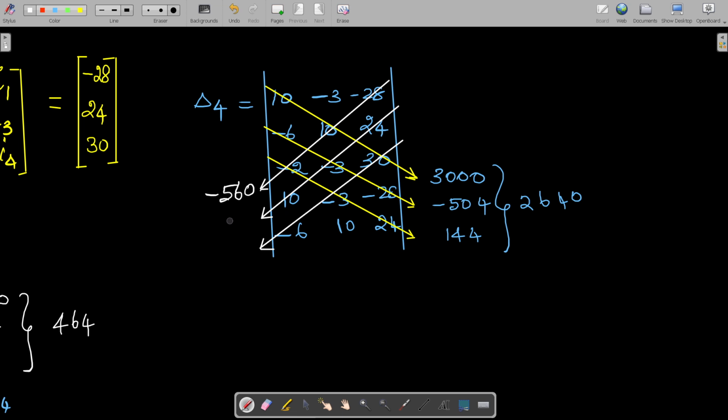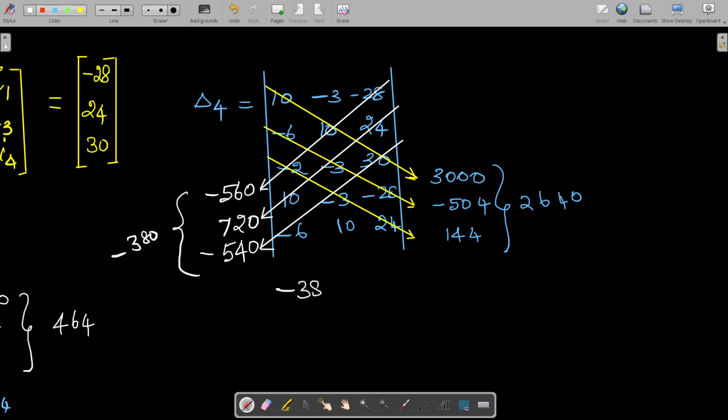Minus 720, but you need to multiply it by again minus, so it becomes plus 720. So here you get the positive value initially, that is 30 multiplied by minus 3 multiplied by minus 6. So you will get it as plus 540, but you need to multiply it by minus sign, so minus 540. So when you add all these three values, you get it as minus 380.